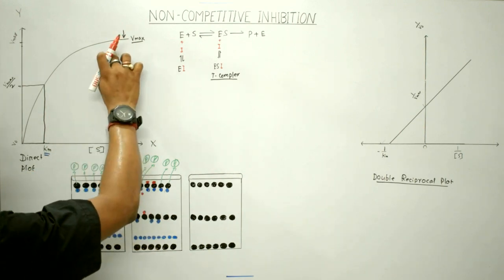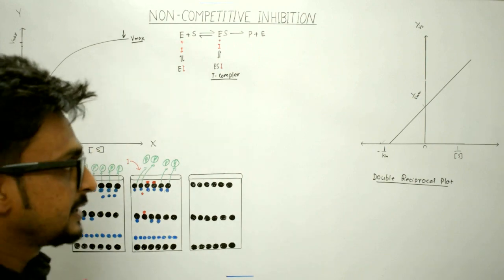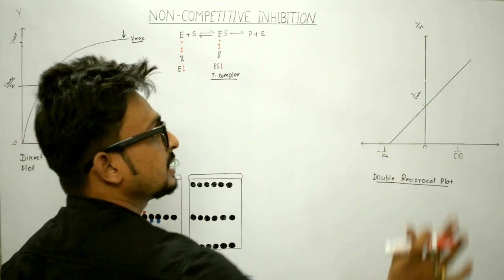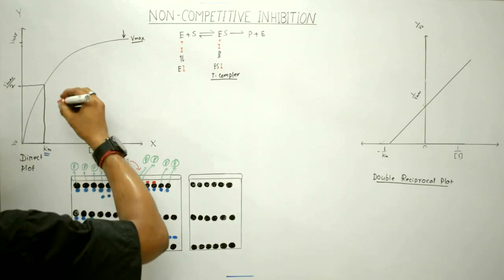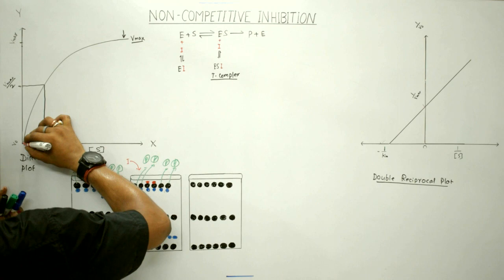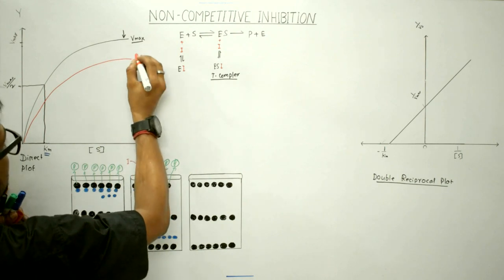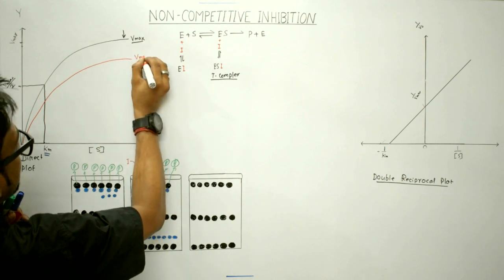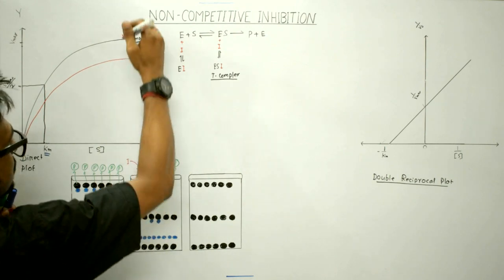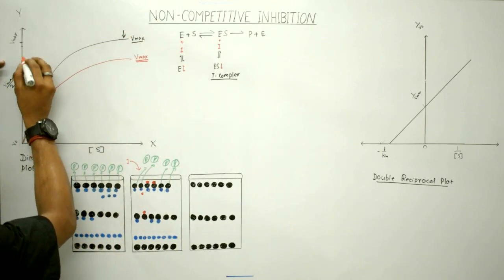So this is the uninhibited reaction. This line is for the uninhibited reaction, and this is the inhibited reaction. Now for the inhibited reaction, if we add inhibitor, you see the Vmax is now reduced. So it will be connected somewhere here.